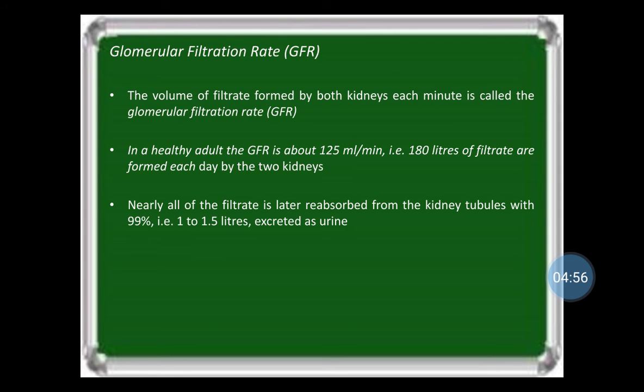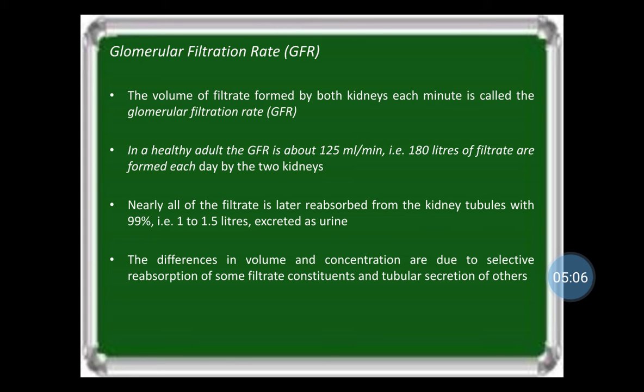Nearly 99% of this filtrate fluid is reabsorbed, so only 1 to 1.5 liters is excreted as urine, and this difference is due to the reabsorption and secretion processes. Any change in the net filtration pressure will affect the GFR.